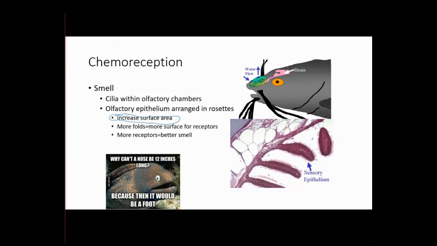the more surface area you have, the better you're going to be. So we have a little bit of surface area in our nose. Something like a bear or a wolf has a lot of surface area, lots of little bony protrusions in their nose, so they're going to have a really good sense of smell. This is the same thing we see in our fishes. So if we look here, I've got it blown up, they also have little protrusions in their nostril space.